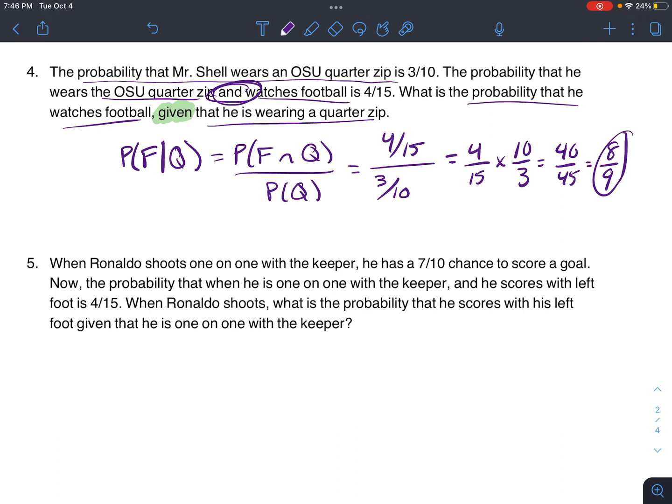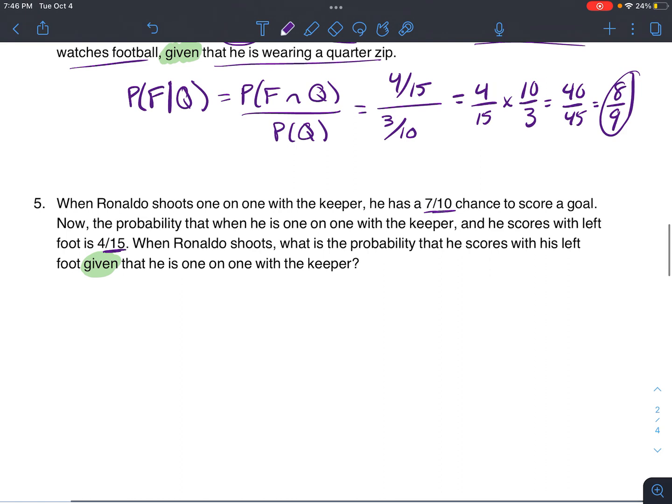So now we got this question where Ronaldo shoots one-on-one with the keeper. He has a 7/10 chance to score a goal. Now the probability when he is one-on-one with the keeper and he scores with his left foot is 4 out of 15. So Ronaldo shoots. What's the probability he scores with the left foot given, there's our magic word again, given he is one-on-one?